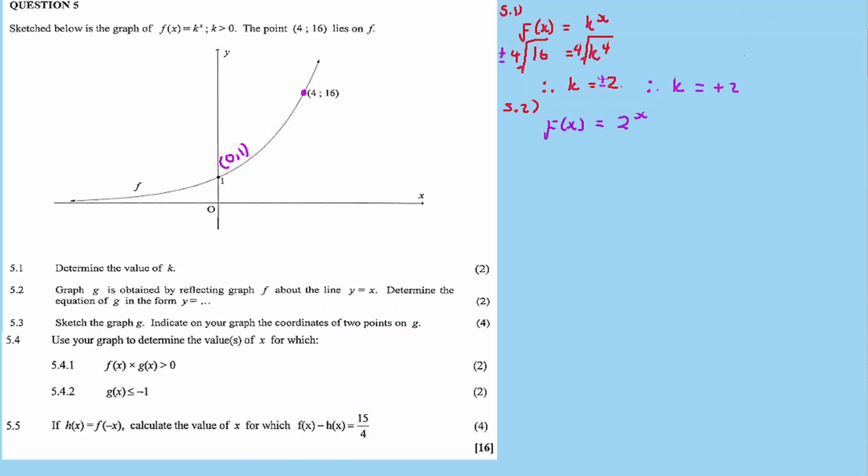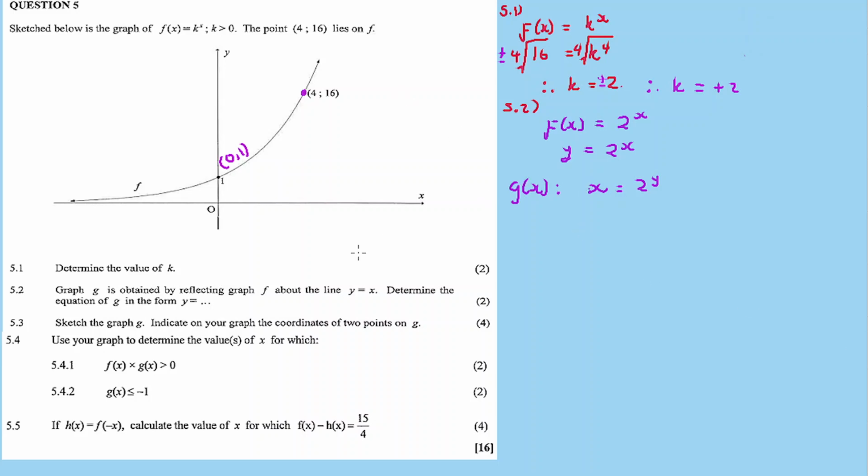Now this is f of x, right? f of x can be expressed as y equal to 2 raised to exponent x. Now the inverse function g, the inverse graph, we get by reflection about the line y equal to x, which is the line that passes through the origin, right?